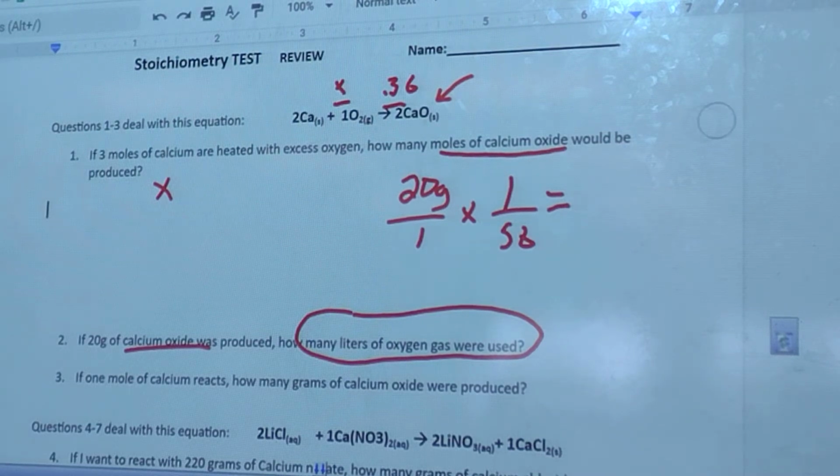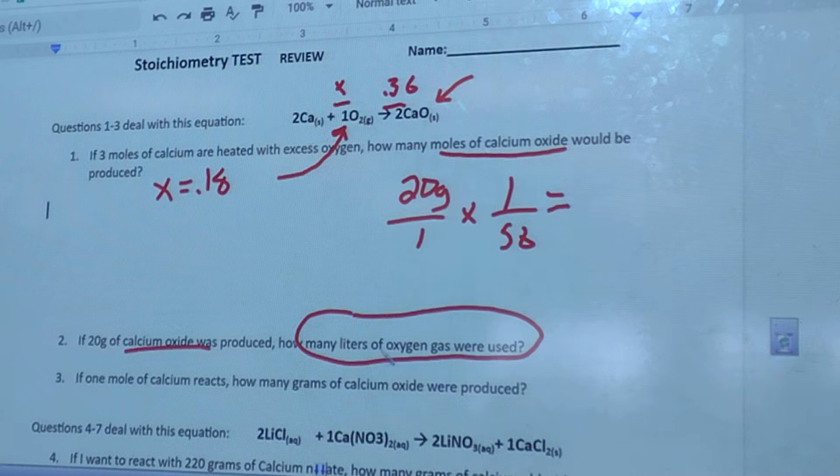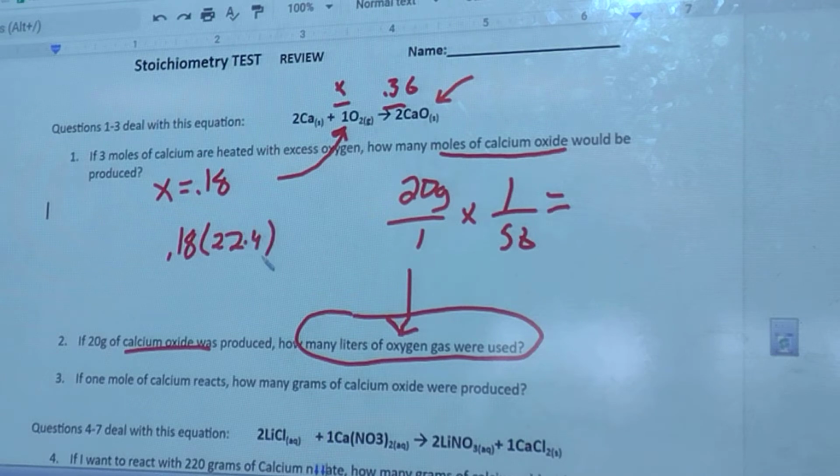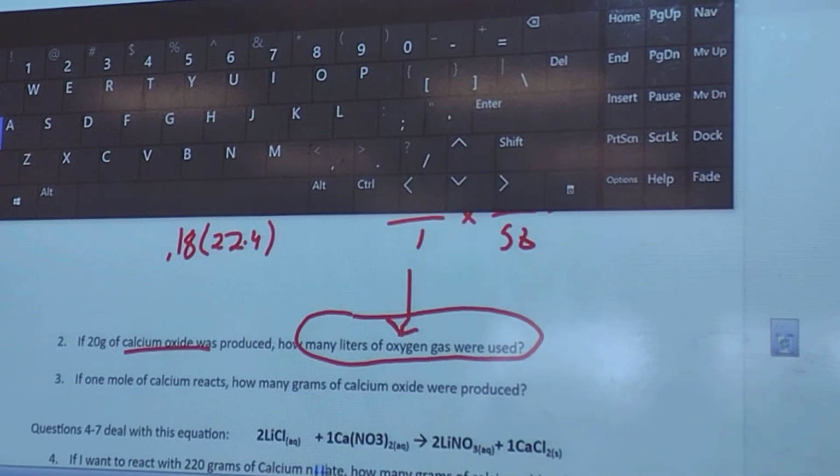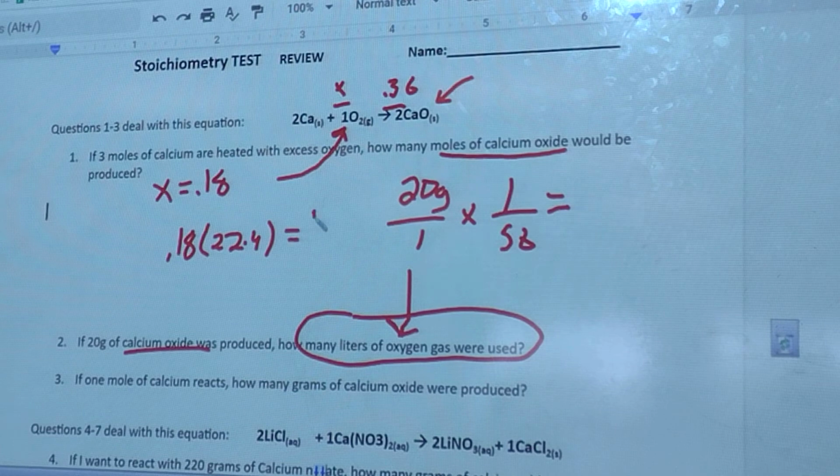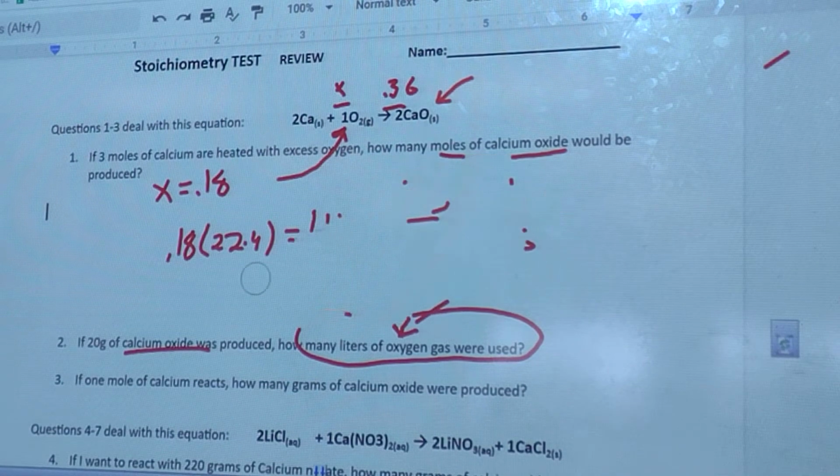That's just 0.18 moles of oxygen. It said how many liters of oxygen? 0.18 times 22.4. Let me take my calculator. 0.18 times 22.4. So basically, 4 liters. Let's try another problem. All right?